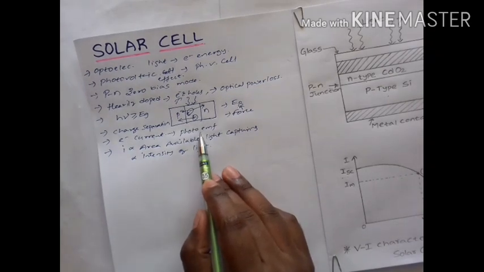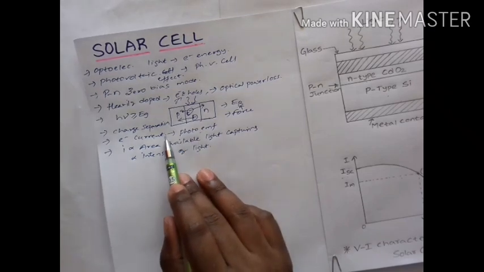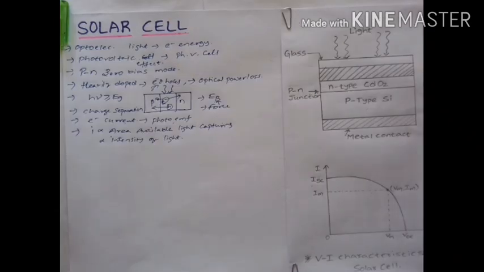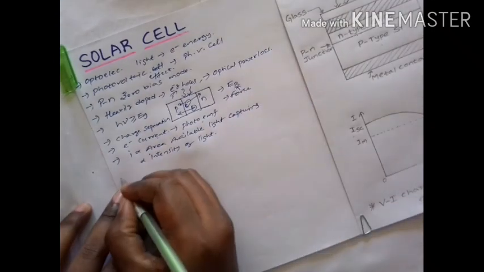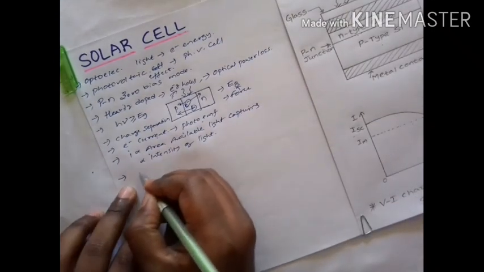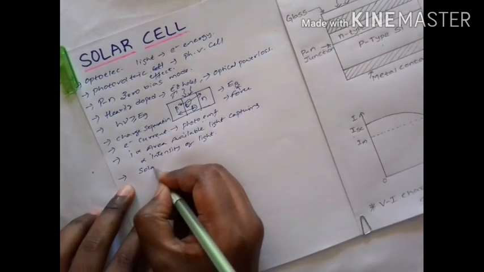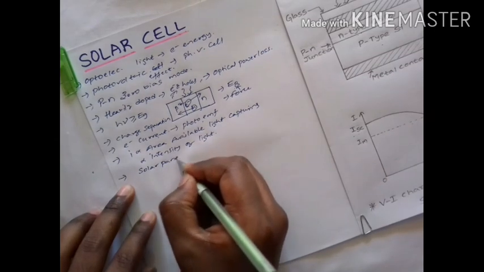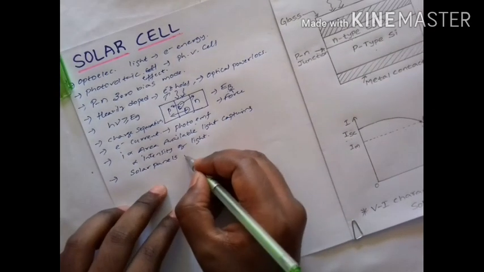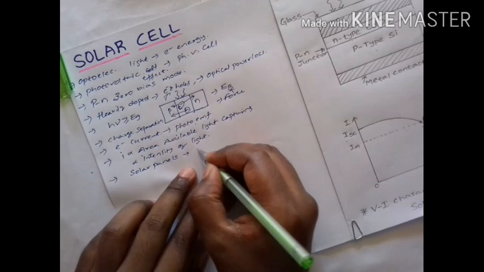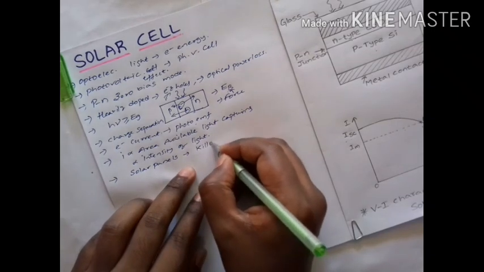From this photo EMF, electric current is generated. Solar cells connected in large numbers, either in series or parallel connections, are called solar panels, and these solar panels have the ability to generate very large amounts of power, in the range of a few kilowatts.